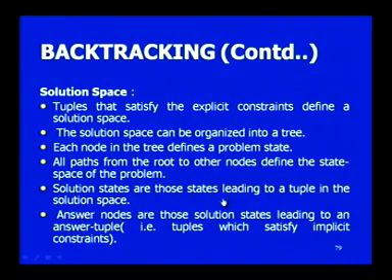In the whole thing, your answer is there. Those things are called answer nodes. Answer nodes are those solution states leading to an answer tuple, that is, the tuple that is able to fulfill your implicit constraint.